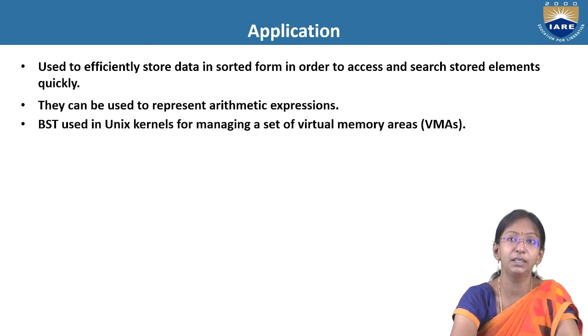They will be helpful in representation of arithmetic expressions and be used in Unix kernels for managing the virtual memory. Virtual memory areas, the data which is present in virtual memory, will be stored in the form of binary search trees. So these are the major applications of your binary search tree.